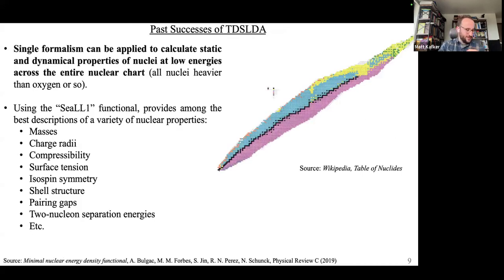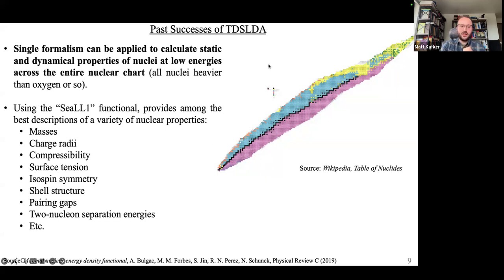So I hope I've argued to you that this is a very powerful approach, but let's say exactly what it can do. The reason why I'm going over this is because we have a single formalism which can be applied to the entire nuclear chart here. For those of you who have not seen something like this before, although many of you will have, this is basically the set of all nuclei which are known to exist, approximately speaking. We have the neutrons on one axis and the protons on the other axis.